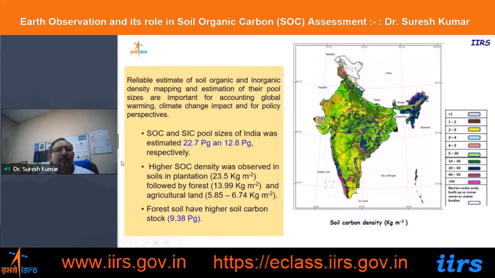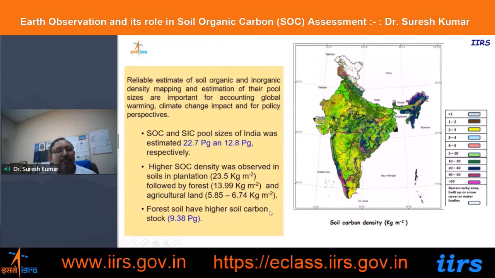Total how much was the pool? We found that Indian soils have soil organic carbon of 22.7 petagram, and soil inorganic carbon of 12.8 petagram in total. This is the stock: 22.7 organic carbon and 12.8 petagram inorganic carbon.